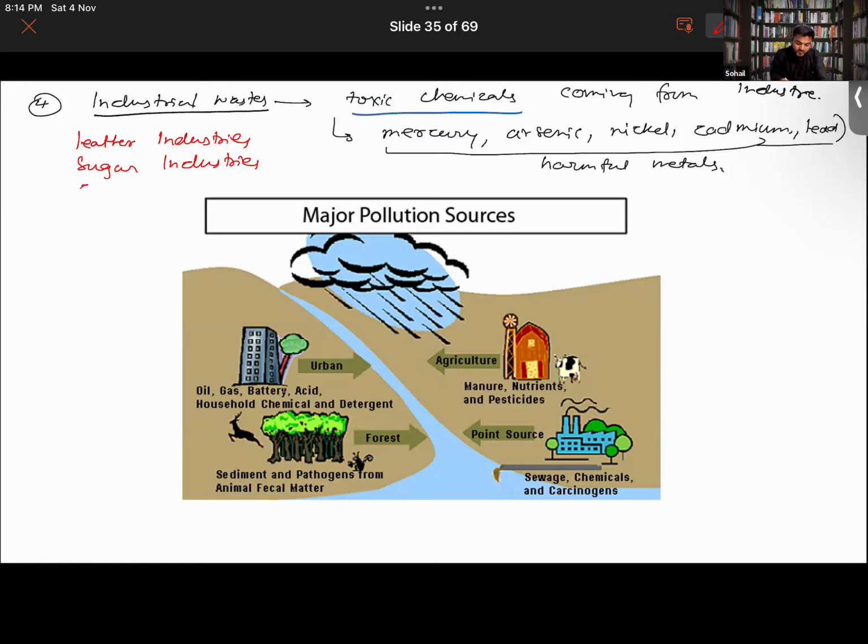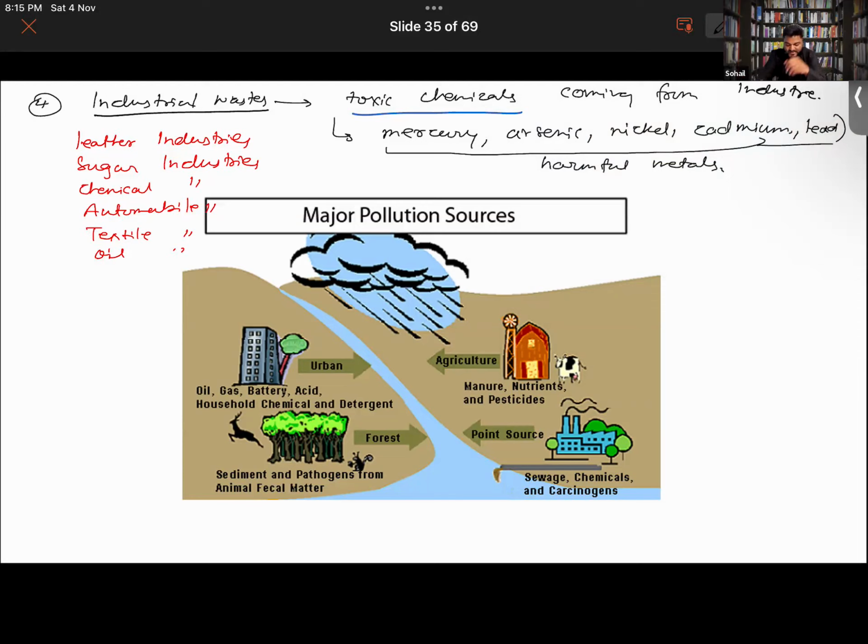Yeah, automobile industries also, chemical industries. And textile industries. Yeah, textile industries. Very good. Okay, textile industries. Right now, oil industries. No, no, oil industries will also be there. Oil basically refinery की हम बात कर रहे हैं. Oil refinery industries. Getting it now? Yes, sir. So these are the major types of industries that release the waste into the water bodies.